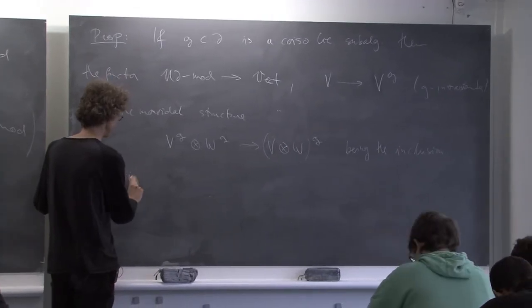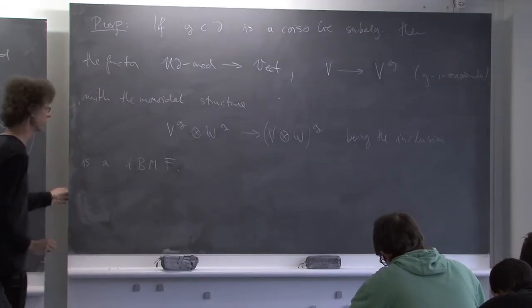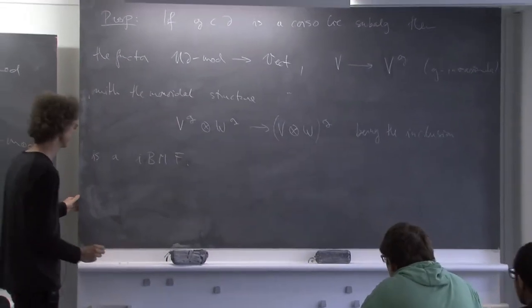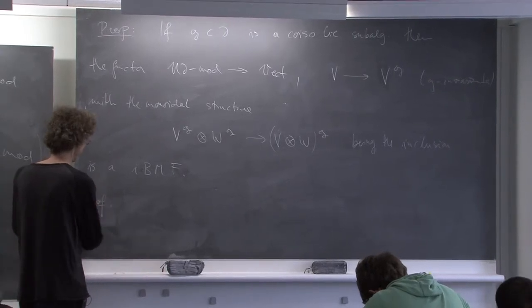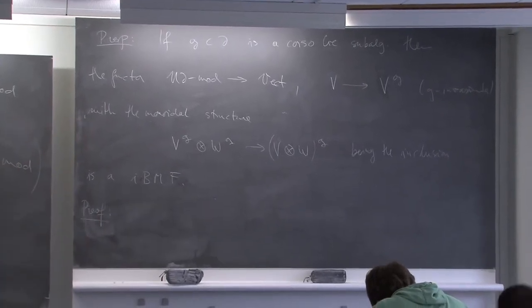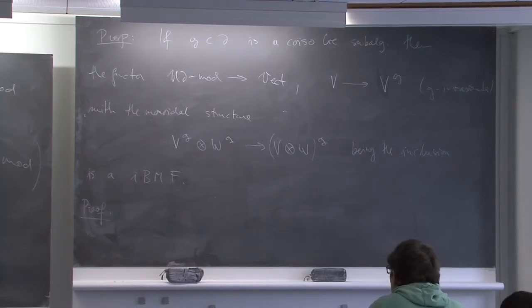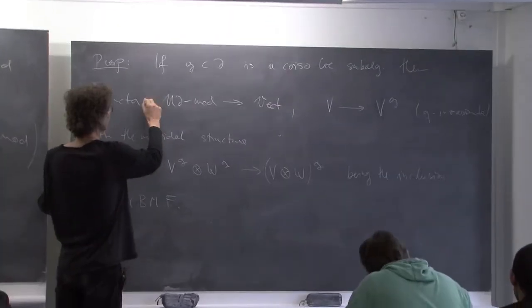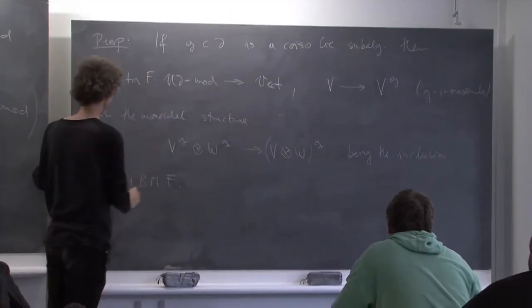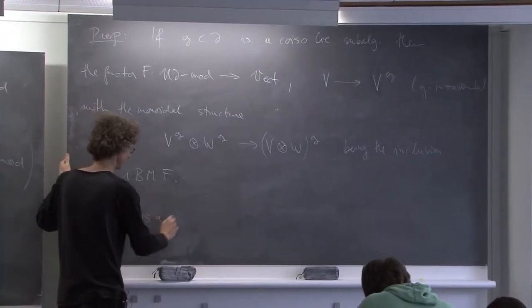So this guy is an infinitesimally braided monoidal functor. So what is there to be proven? So what is an infinitesimally braided monoidal functor? It's a symmetric monoidal functor. So this, what we call this, F. F needs to be symmetric.